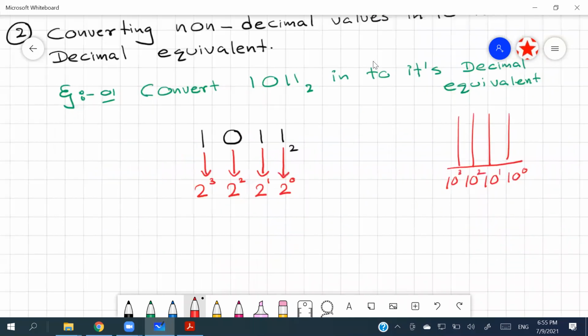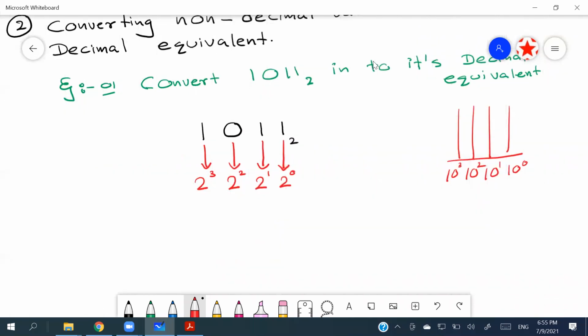And when you have these place values from 2 to the powers, it's better you convert those into their actual values. Like 2 to the power 0 means 1, 2 to the power 1 means 2, 2 to the power 2 means 4, 2 to the power 3 means 8.